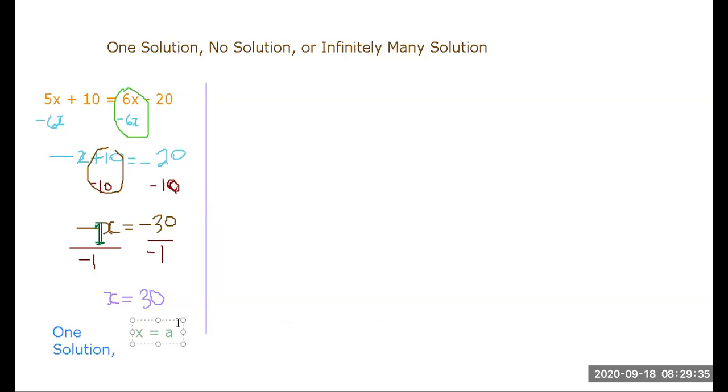It could be 30. It could be 40, 2.1, whatever it is. When x is equal to a number, it has one solution. So if I give you an equation and say, how many solutions does this have? You would solve it like you would regularly, and then figure out what it's equal to.